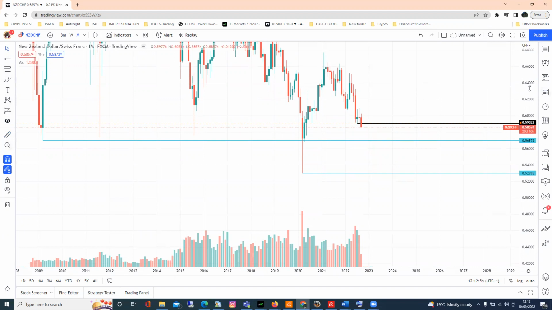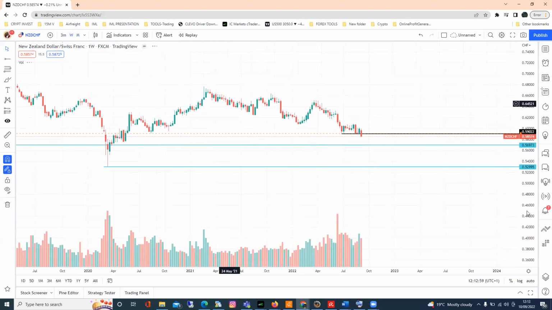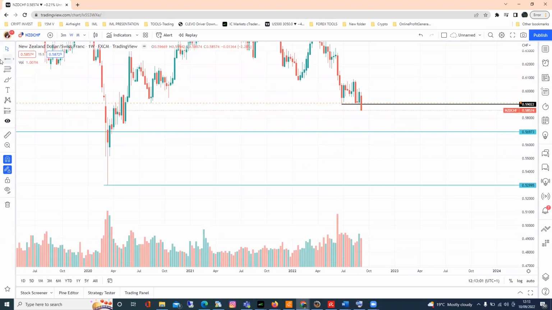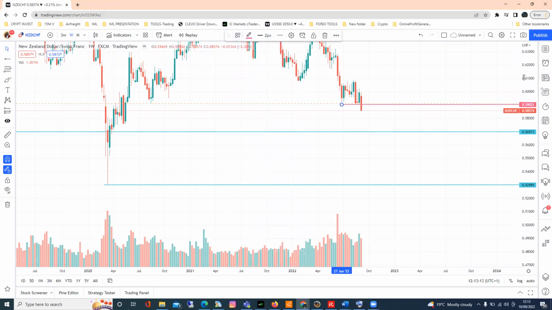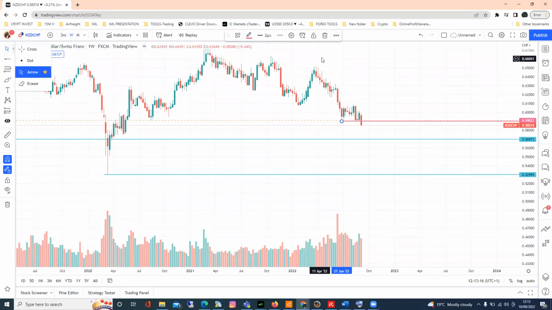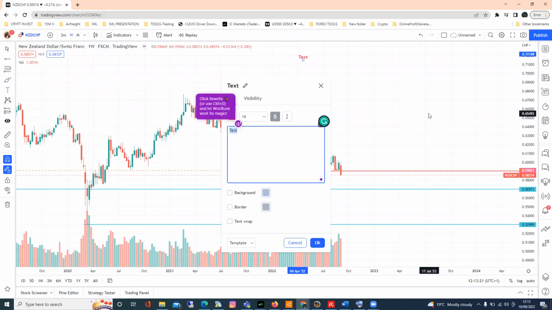So why is this chart important in understanding trading psychology? Let's look at the weekly chart. On this weekly chart of New Zealand Swiss, the first thing that we've talked about is that the trend is down on the monthly. So we clearly understand the monthly trend is down.